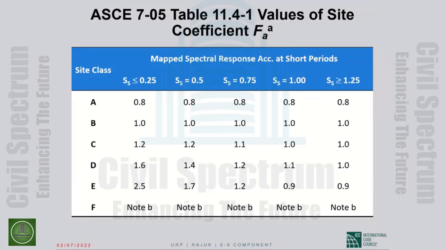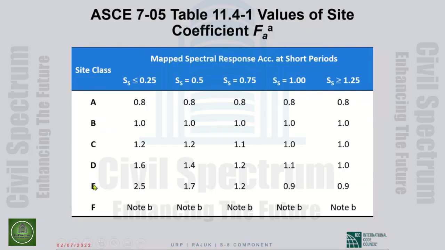Okay. So the values of F sub A are given in this table in AC7. I would like to point out that B is the benchmark site class. So for B, all the coefficients are equal to 1. More importantly, the coefficients depend not only on the site class, but also on the intensity of ground motion. Okay.